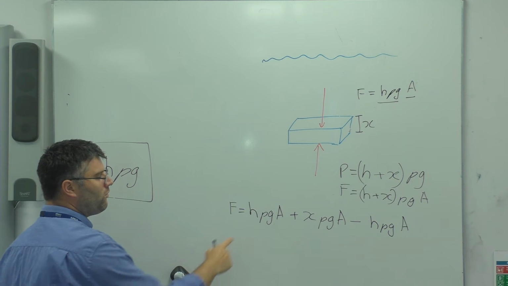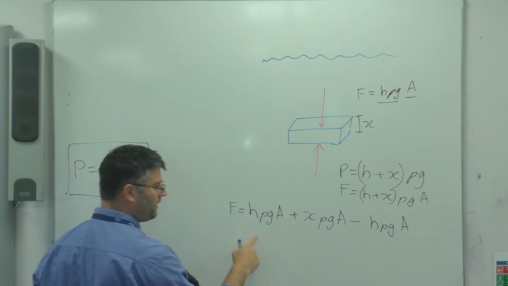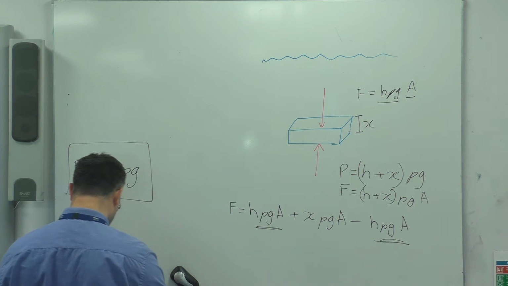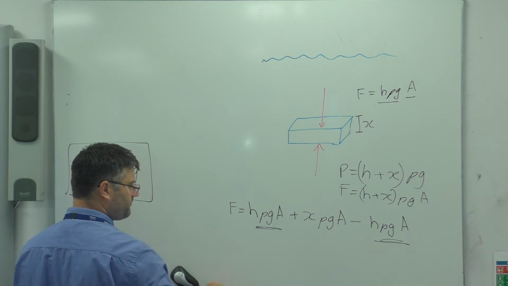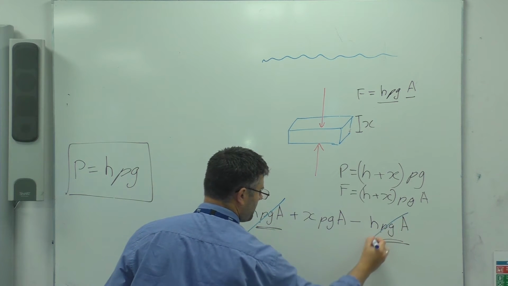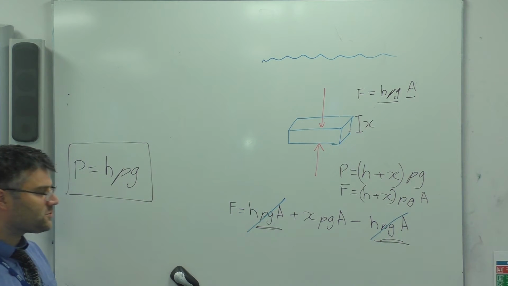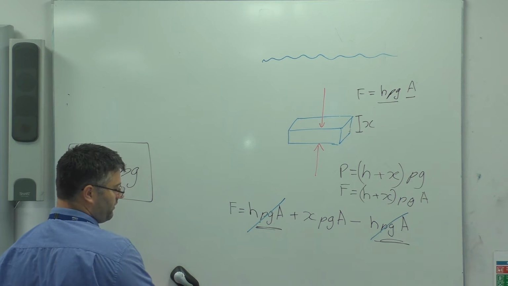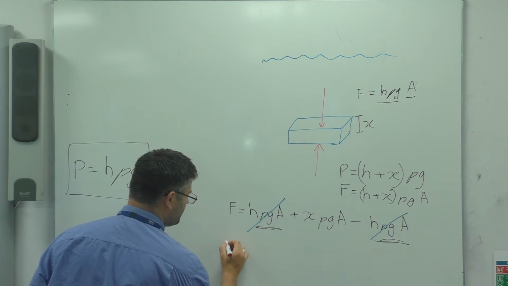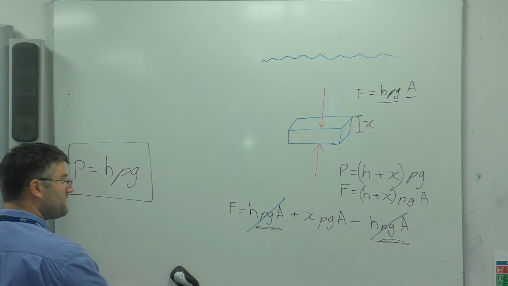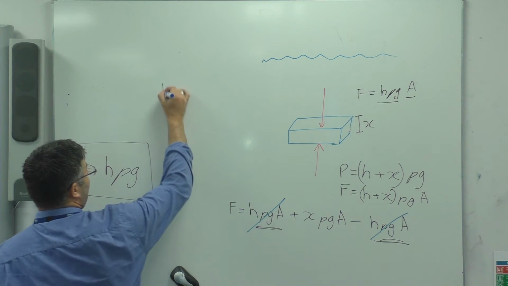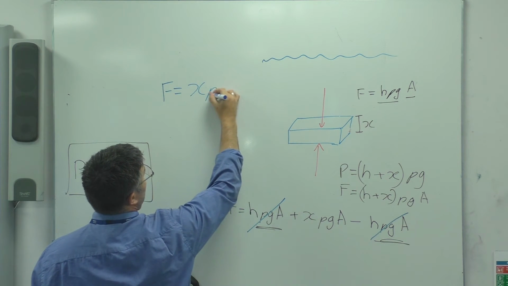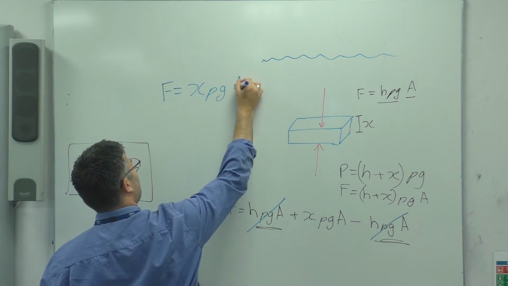So, what can we do with this to simplify it? Well, that is exactly the same as that, so they cancel. And that leaves us with a remaining force that acts upwards on this object, which is force equal to x rho g a.